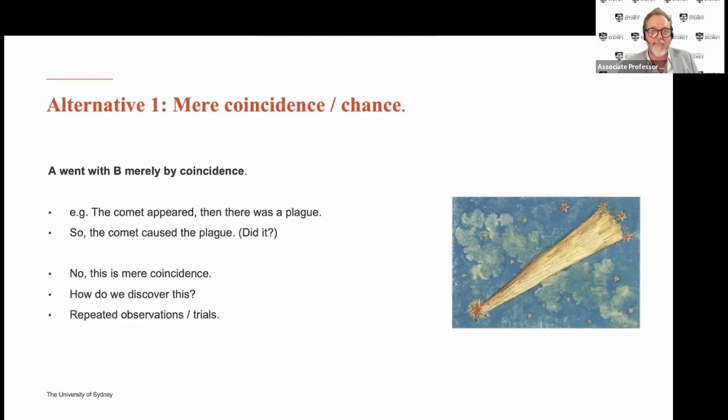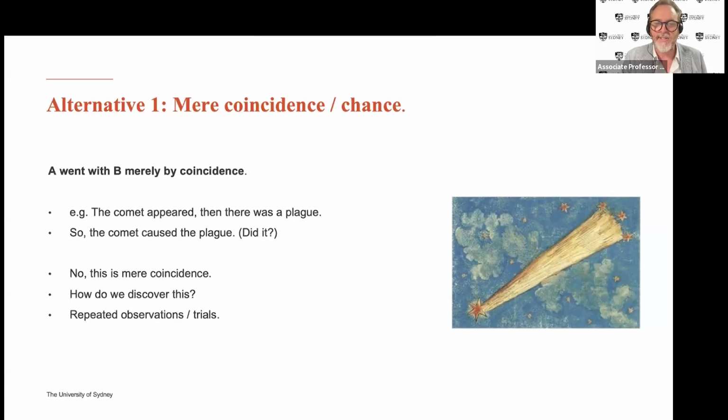But of course, sometimes we discover when we observe other cases of A that it's not regularly followed by B, and we do draw the conclusion that A went with B just by chance. A didn't cause B, it was a mere coincidence. Okay, so that's the first alternative explanation of why A might have happened with B.